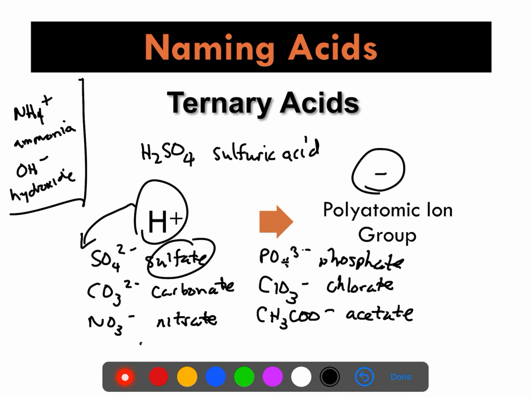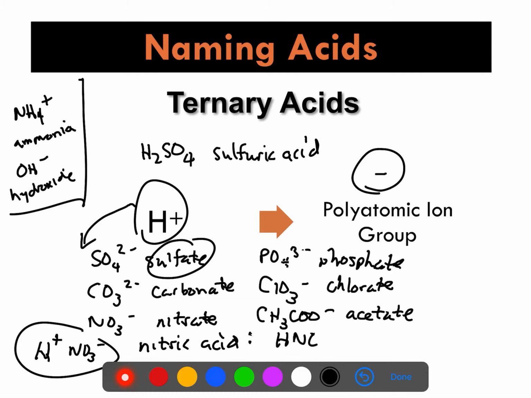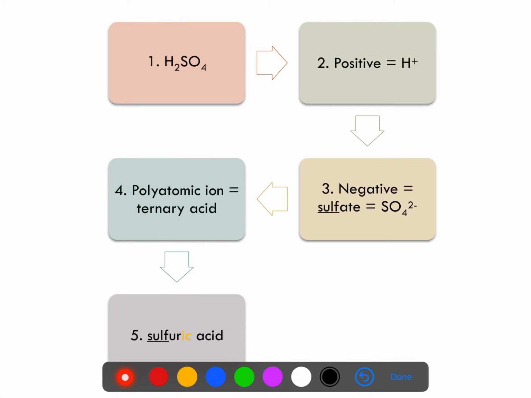If we were to write the formula for nitric acid, we would use H plus for acid, and then NO3- for nitrate, and it only takes 1 hydrogen to balance the charge, so our formula would be HNO3.